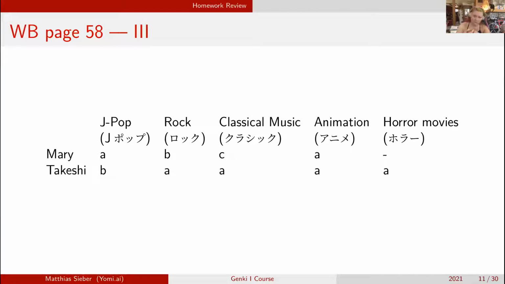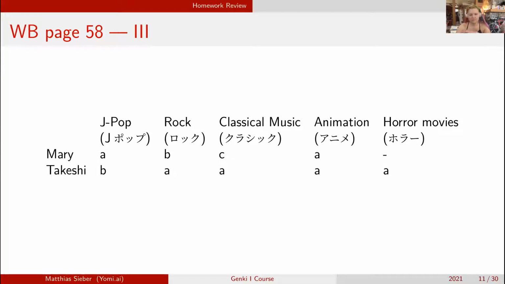So while Mary is pretty much upfront, like, yeah, I hate it, I don't understand it, right? And where Takeshi-san likes everything. For J-pop, right? He says, yeah, I kind of like it, but not really, right?